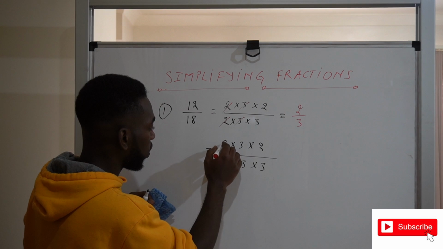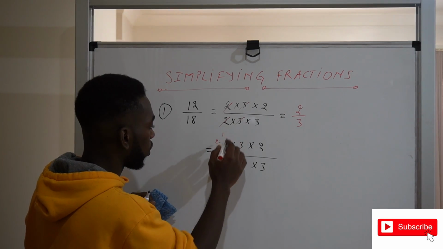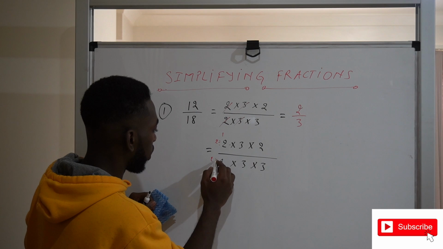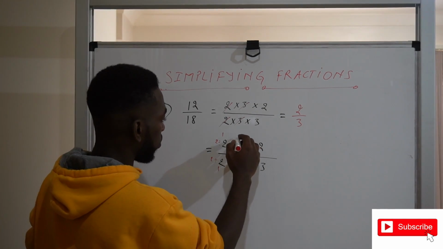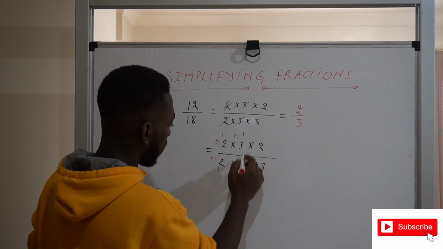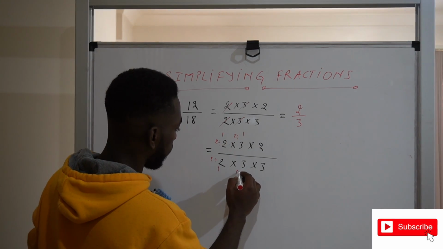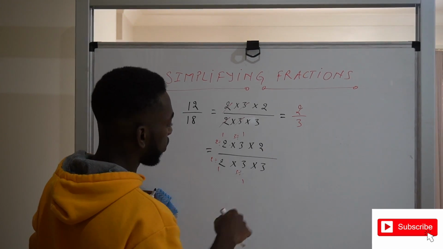So 2 divided by 2 is 1, you have 1 left, and then 3 divided by 3, you have 1 left, and then 3 divided by 3, you have 1 left, right?